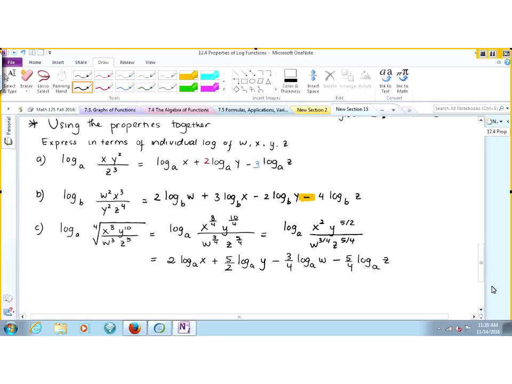Yes. So the most important thing is to rewrite the exponents separately.